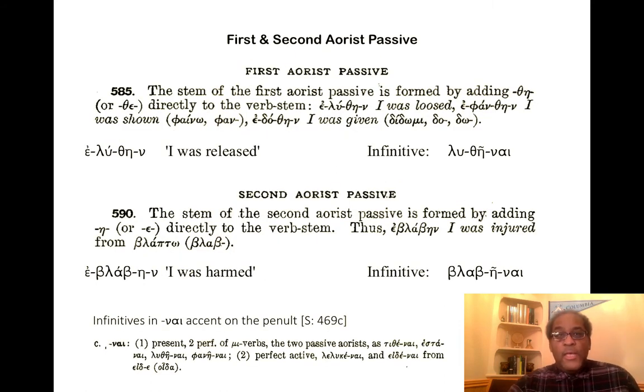So, going back, we're looking at our first and second aorist passive. Again, the stem of the first aorist passive is formed by adding theta eta or theta epsilon directly to the verb stem. So we have elutein, I was loosed, epantein, I was shown, edotein, I was given.